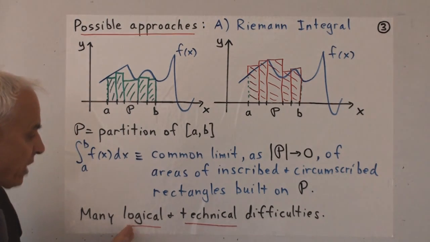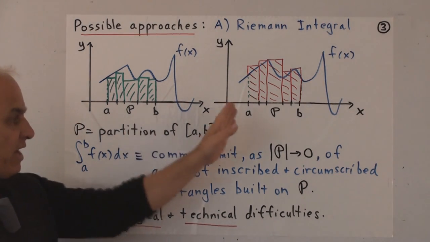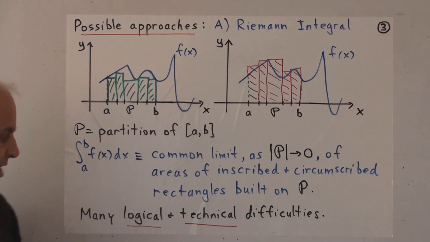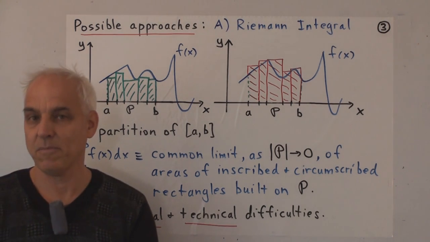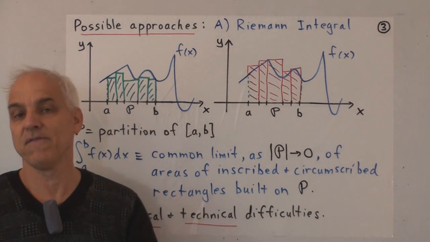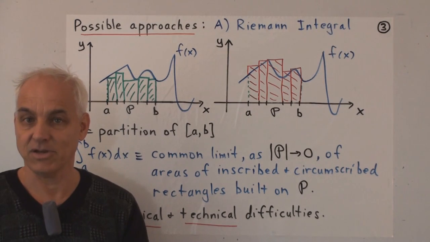Okay, so there's a lot of work to be done even once we have the basic idea in our minds. So this is a standard integral that most undergraduates will be familiar with, at least informally, in terms of some kind of intuitive picture.